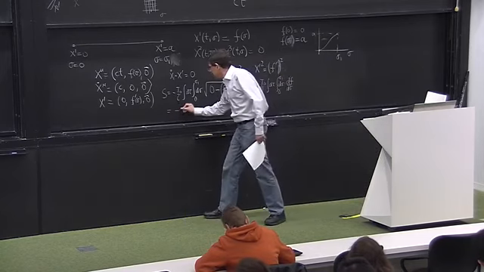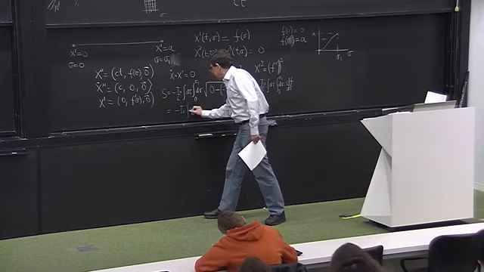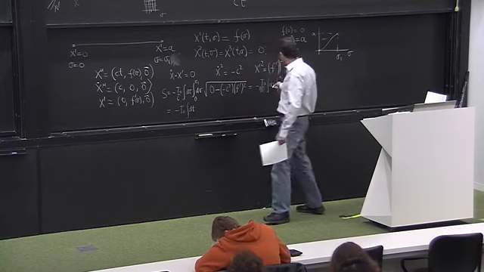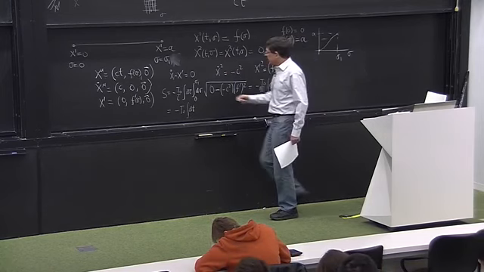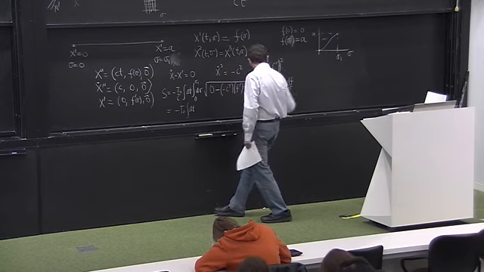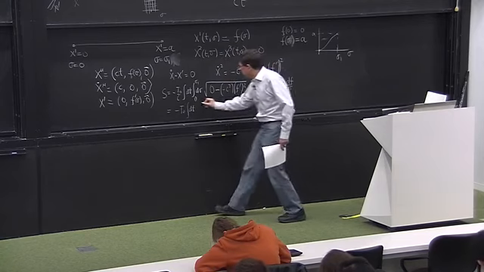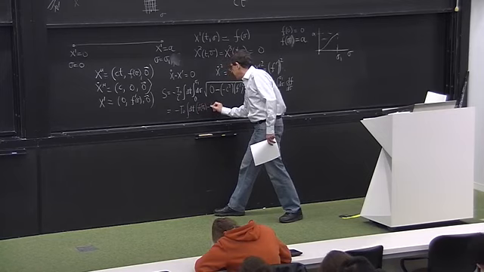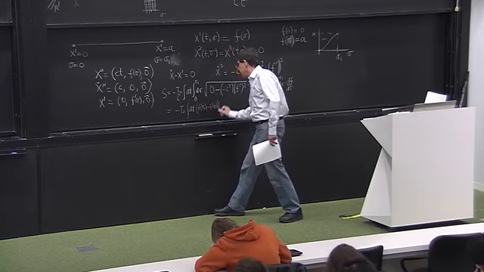So here we get minus t naught d tau, dt, in fact. I don't need to call it tau anymore. It's t. dt, f at sigma 1 minus f at 0.